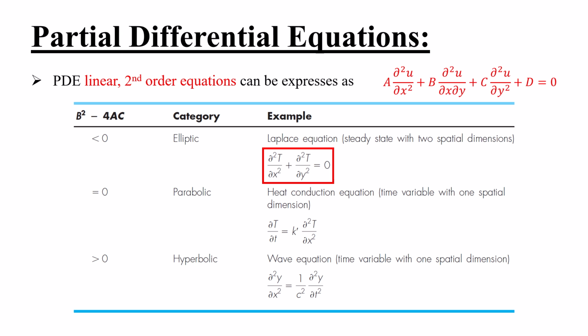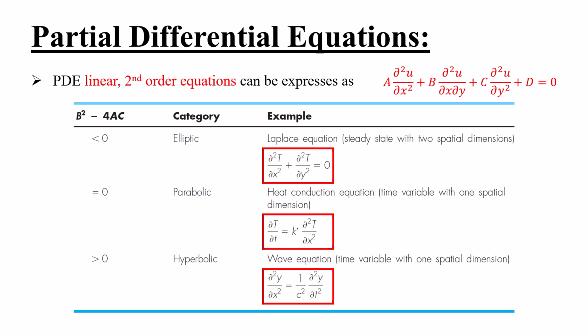If we have only second order derivatives in x and y and it is equal to 0, we call it the Laplace equation, and it is categorized as elliptic. Similarly, if we have variation in time along with space, we call it parabolic, and it is used for heat conduction.